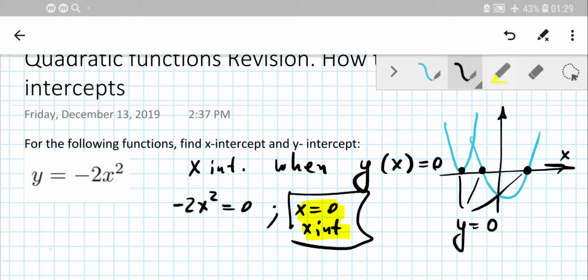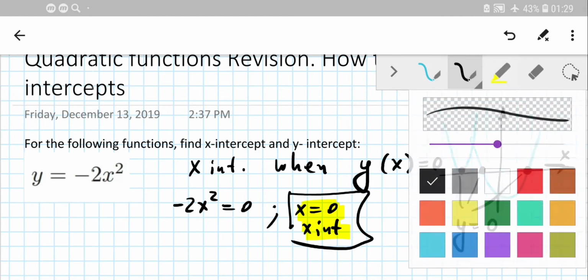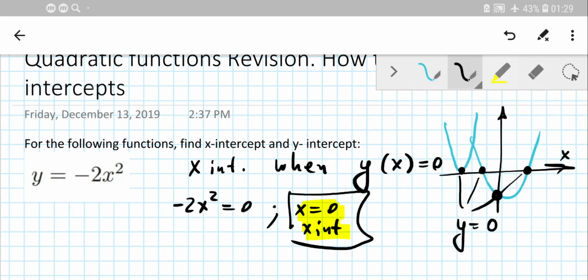For the y-intercept, it is where your parabola crosses the y-axis, the vertical axis. So we definitely know that for that point x equals 0, right? Because your point is completely on the y-axis. So you just simply put x equals 0 into the formula.